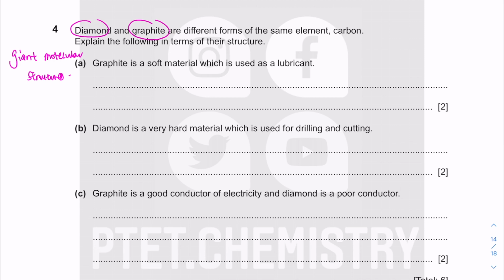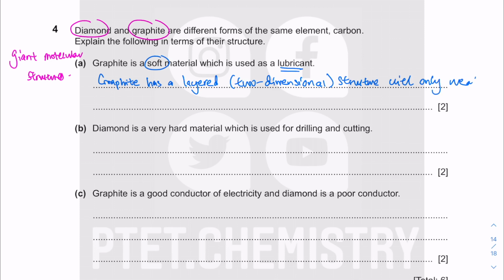So graphite is a soft material which is used as a lubricant. Okay, so a lubricant and a soft material. So graphite has a layered structure. It's actually a layered 2-dimensional structure, but the layered structure is very, very important, with only weak van der Waals forces.